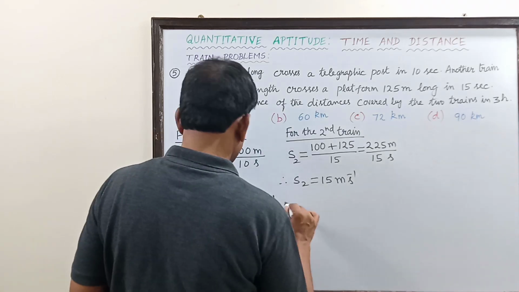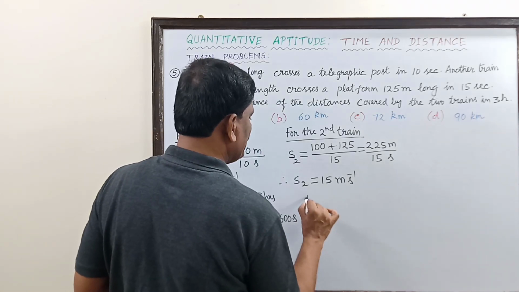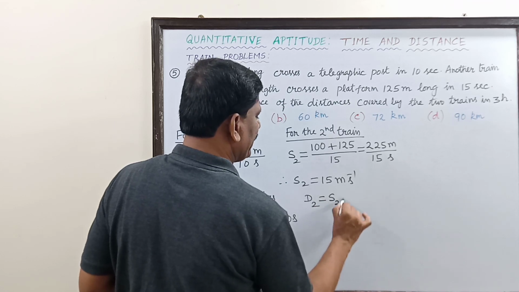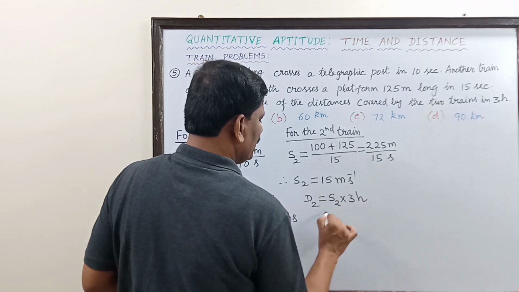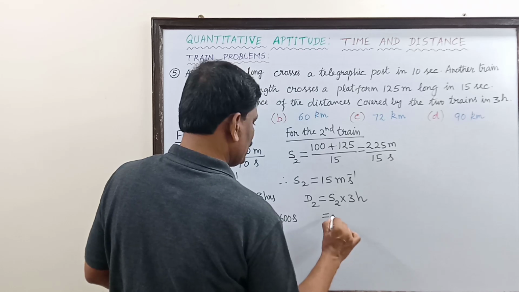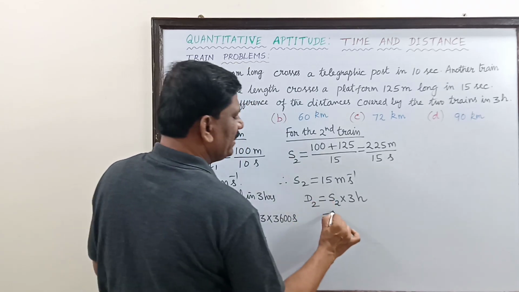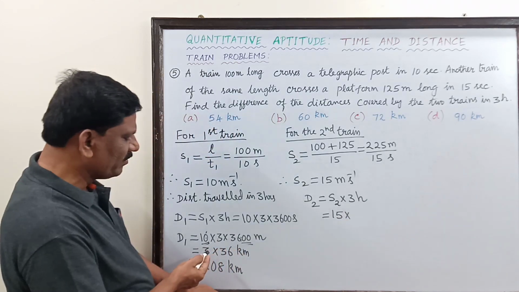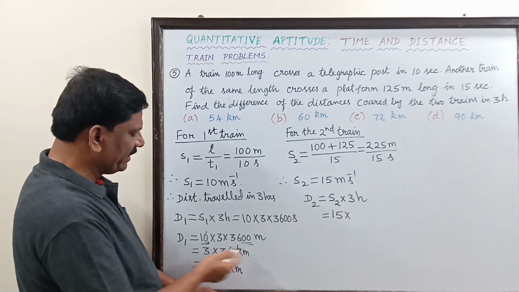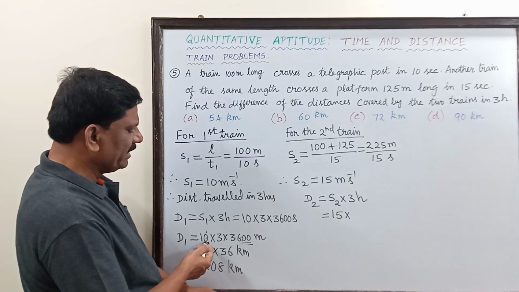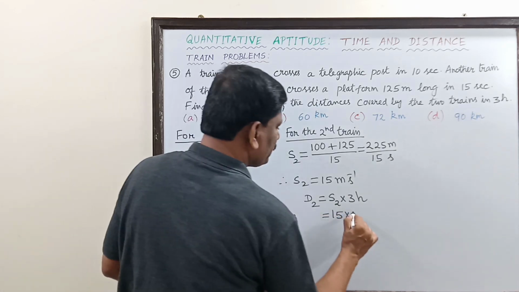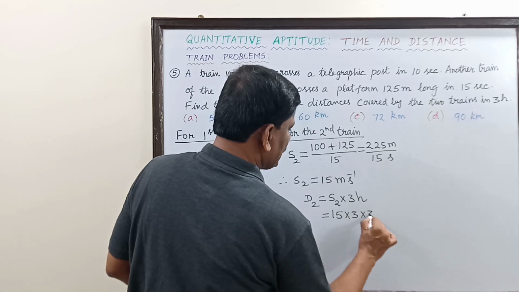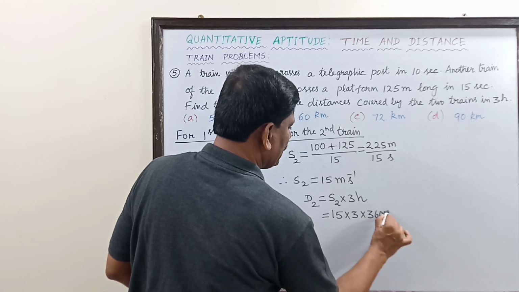Similarly, here I will take the distance travelled D2. So D2 is equal to speed of the second train into 3 hours. So the speed of the second train is 15 into 3 hours, once again the same only. So I can write directly, 15 into 3 into 3600 in meter.